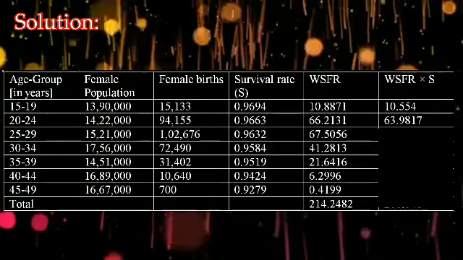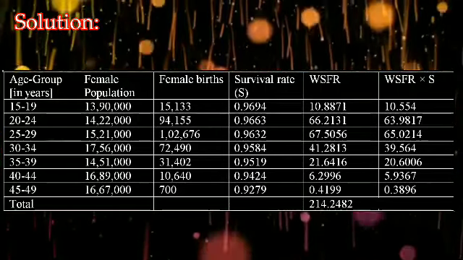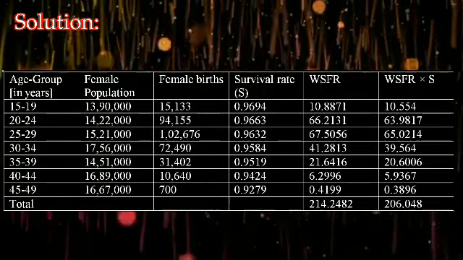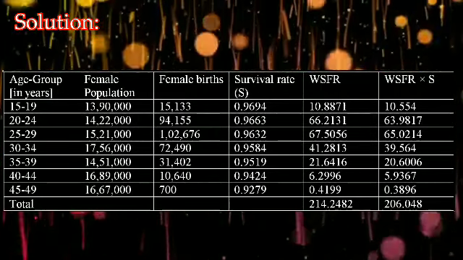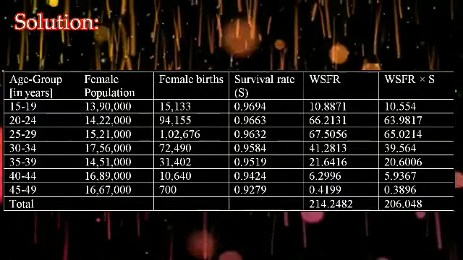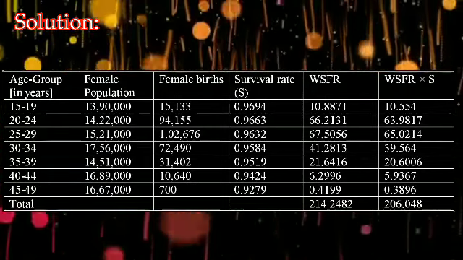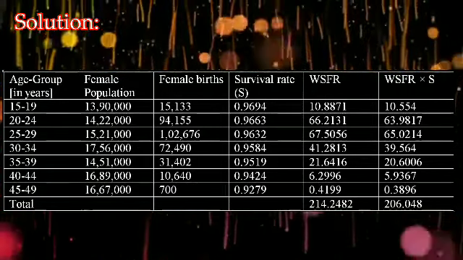Similarly, find all the other values, find the sum total of WSFR into S, and after that find GRR, find NRR, and based on both the values compare and conclude about the data.